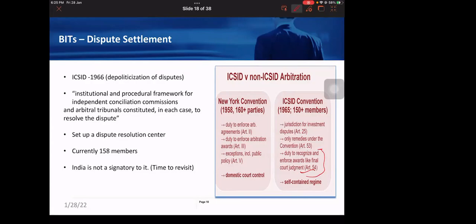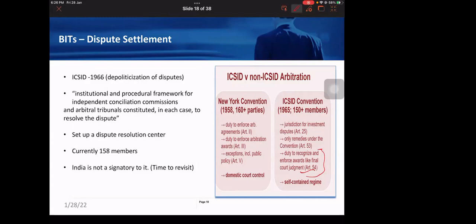But ICSID also gives a mechanism under Article 53 where you can annul it under certain few exceptional situations, like if you want to do a reinterpretation, rework, but very rarely have we seen annulment happening. The other point with which India was not comfortable is that there is no appeal mechanism in the ICSID Convention.